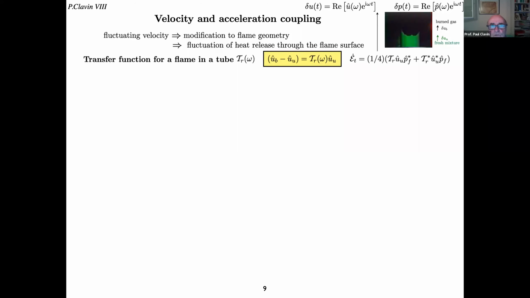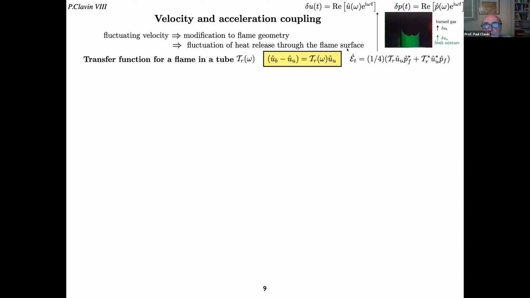And you define now the transfer function for a flame in a tube, which we call TR, working in the Fourier space, the time Fourier transform.